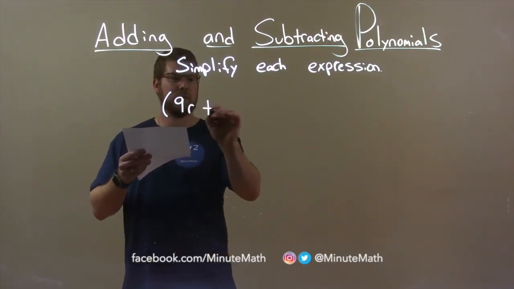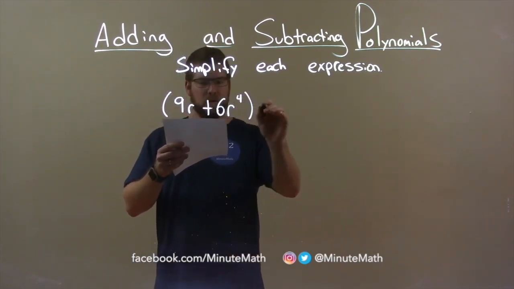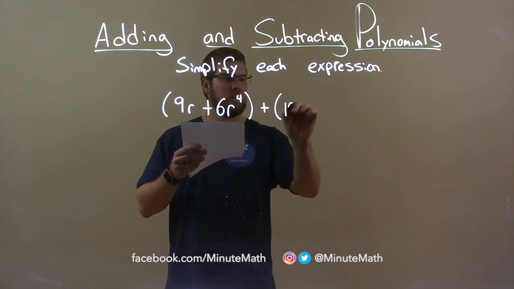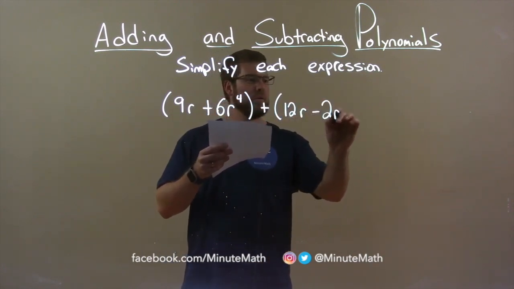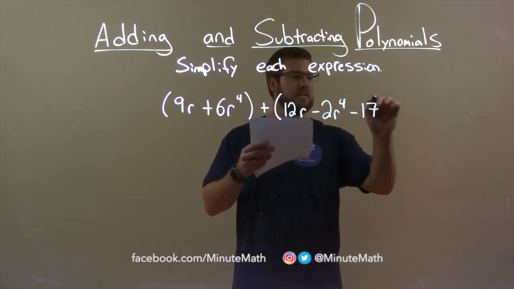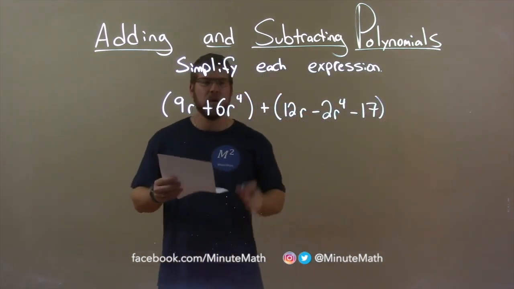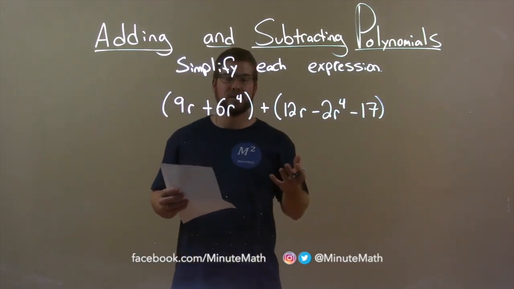9r plus 6r to the fourth plus a 12r minus a 2r to the fourth power minus 17. Again, first thing I look at is within each parenthesis. Are there any like terms?